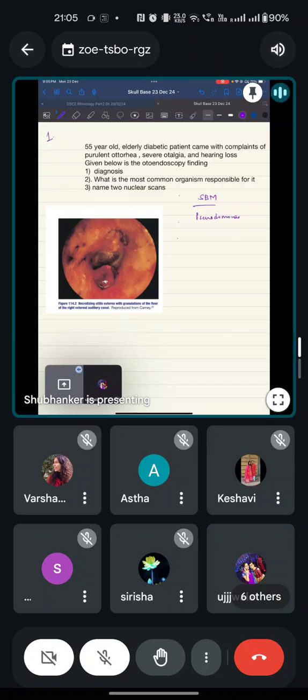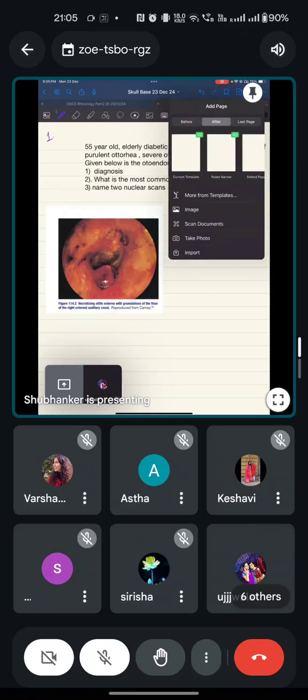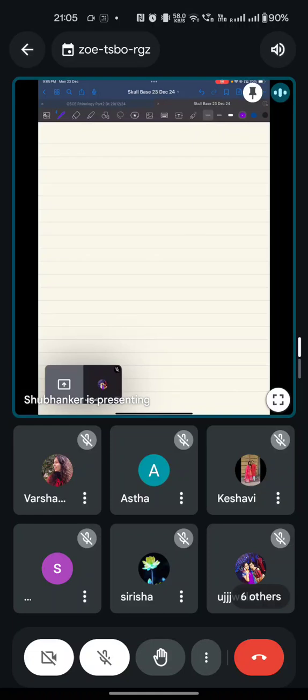And going to the nuclear scans, there are multiple scans which are mentioned for this condition. We'll discuss them in brief. The first scan is your technetium 99m.